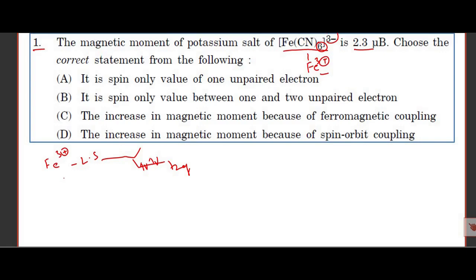Fe3+ contains 3d5. This is eg. Hence it has one unpaired electron.